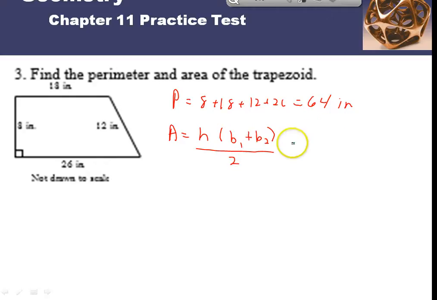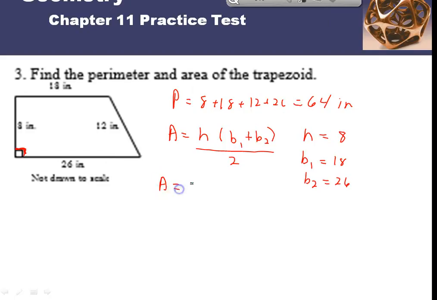So it looks like my height is 8, because it's where the height makes a right angle, and it's 8. And then my two bases are on either side of the height. So my two bases are 18 and 26. And it doesn't matter if I call one base 1, 18 and base 2, 26, or vice versa. You're going to add them, so it doesn't really matter what you call what.